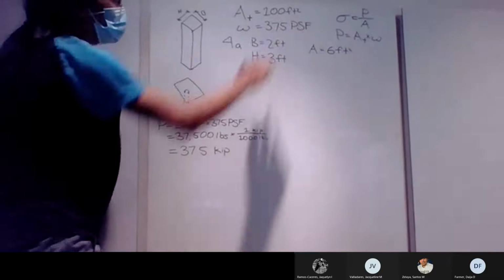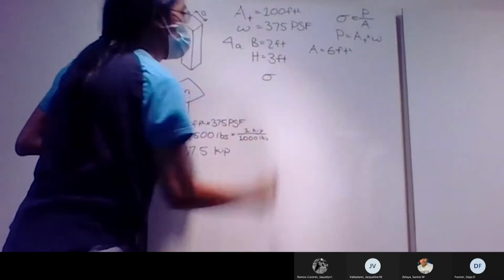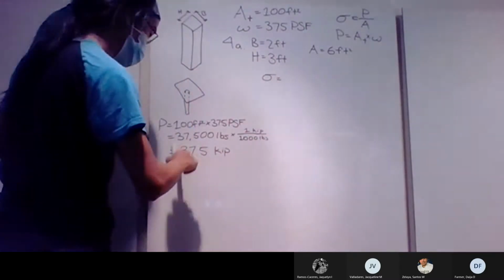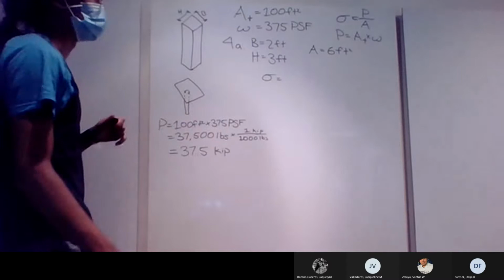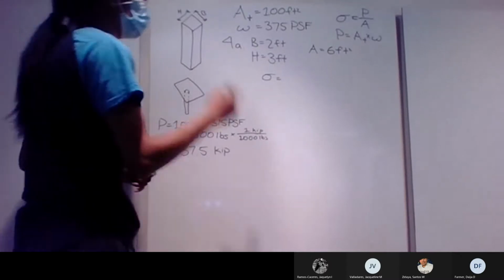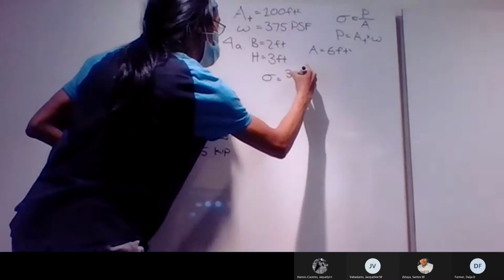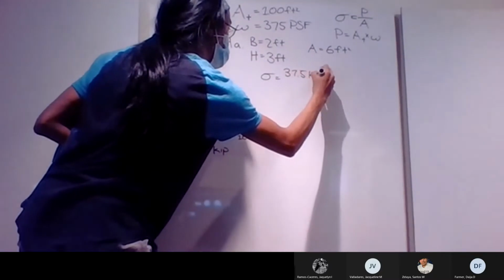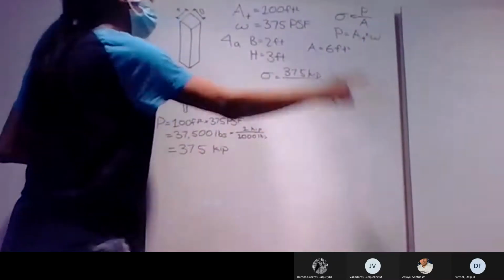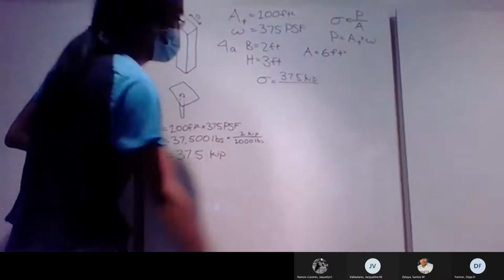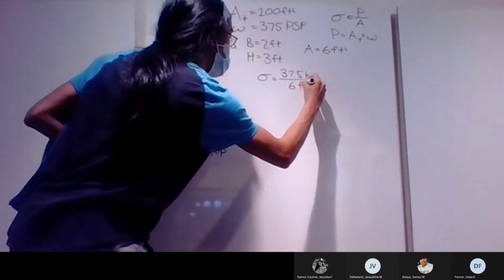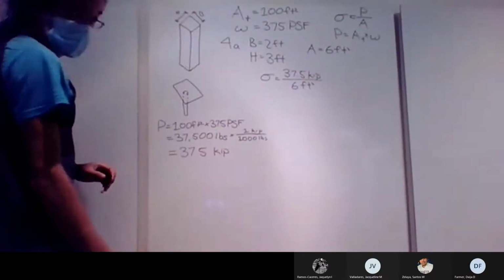Now we can go back up here, and sigma, not omega, sigma, equals 37.5 kips over the area, which was 6 feet squared.